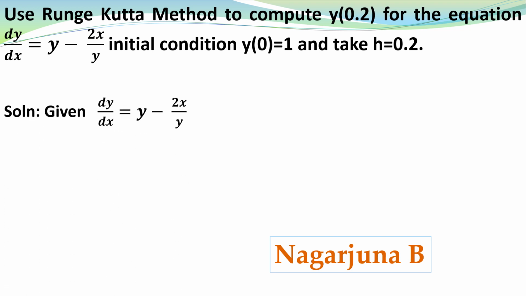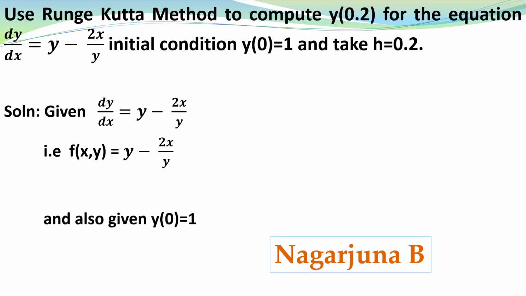Solution: given dy by dx is equal to y minus 2x by y, that is f of x comma y is equal to y minus 2x by y, and here they have given the initial condition as y of 0 is equal to 1.